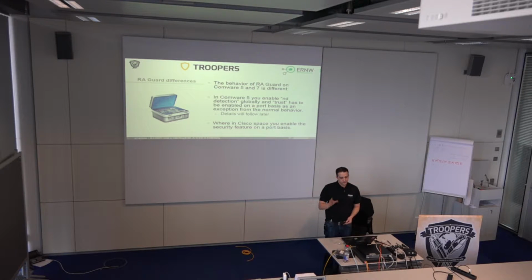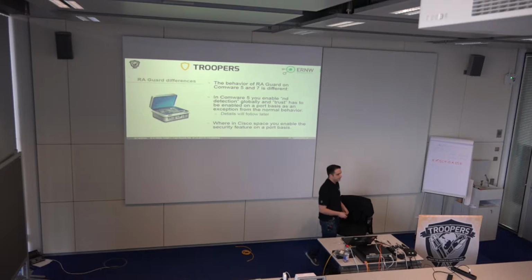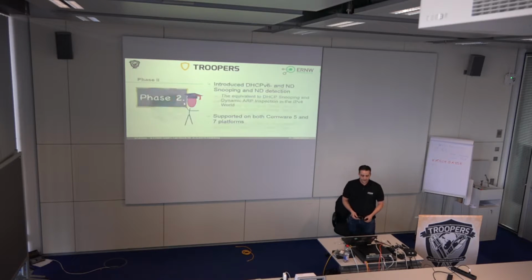Whereas in the Cisco space, you configure this, at least in the light variant, you configure RA guard on ports where you do not want to see these router advertisements. Here in the HP world, you will have to enable ND detection and then exempt the port where the legitimate router is connected.